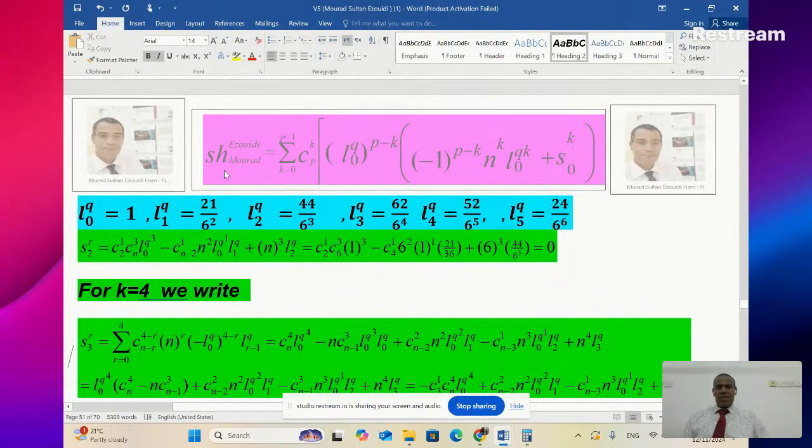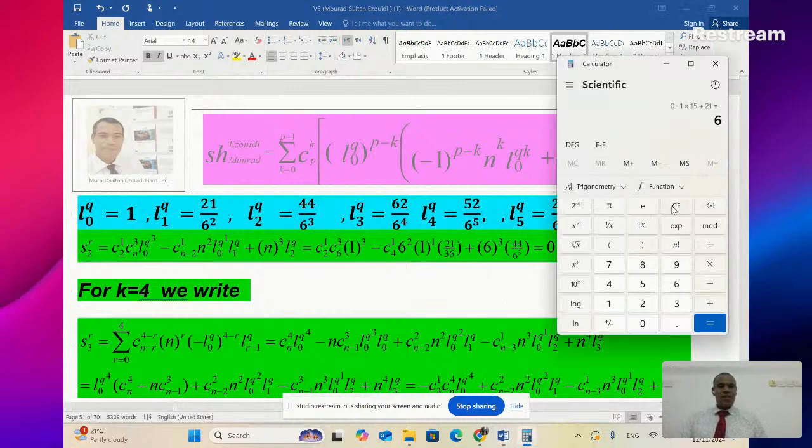So S2 is combination 2 choose 1 times 6 choose 3 times 1 cubed, minus 4 choose 1 times 6 squared times 1 raised to the power 1 times 20 divided by 36, plus 6 cubed times 44 over 216. So I will just now calculate this. We have a negative 2 times 6 choose 3, which is 20, then minus 4 times 21, because all of this is going to be 1.